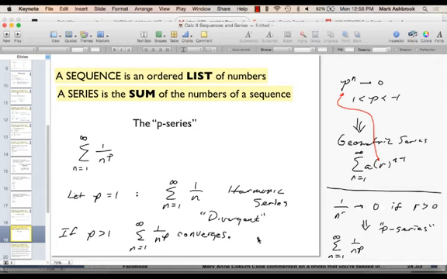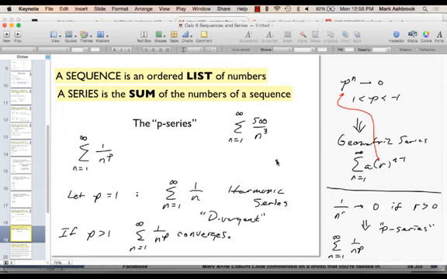Okay, questions on that? So, example. Is it a p-series or a geometric series?